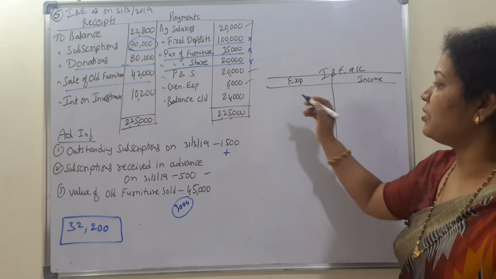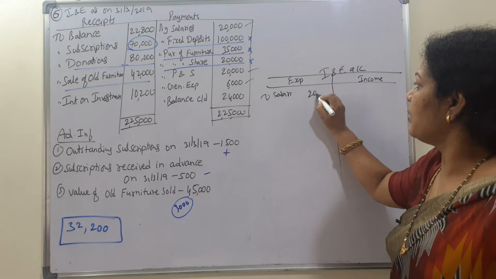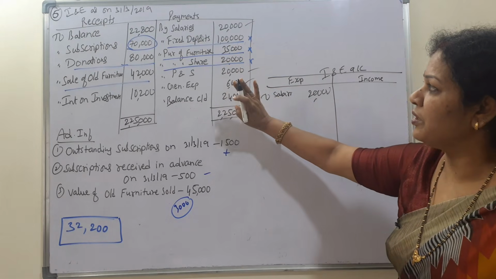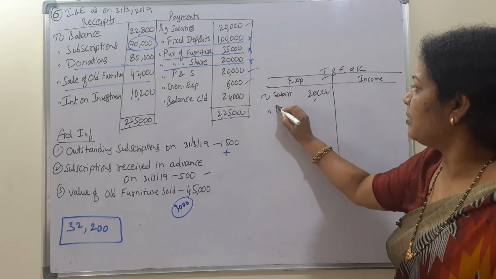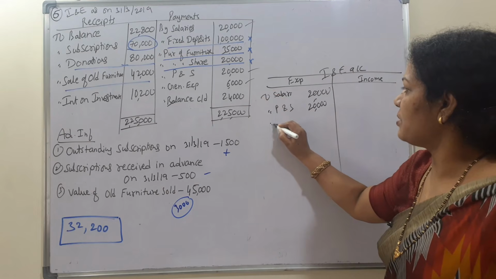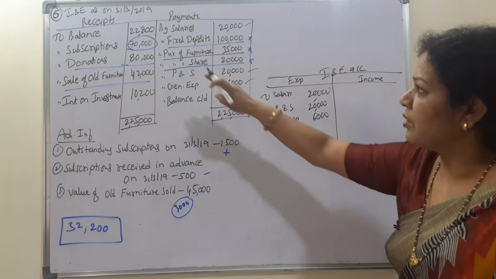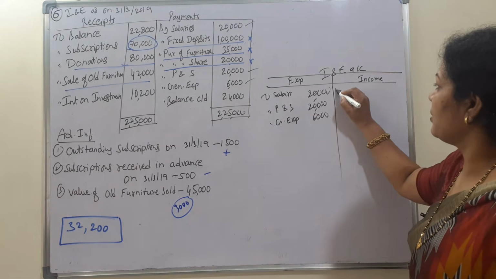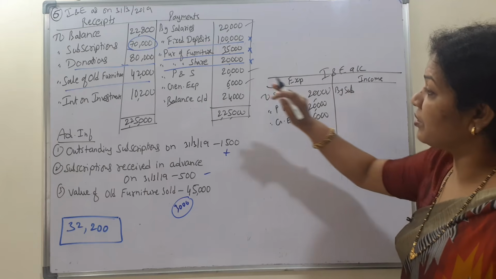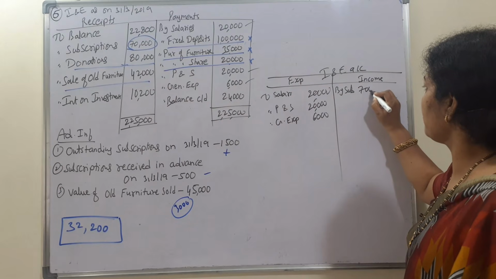On the expenses side, we will write salaries 20,000. Fixed deposit, furniture, shares we don't take. Printing and stationery 20,000. General expenses 6,000. And on the credit side, subscriptions are 70,000.